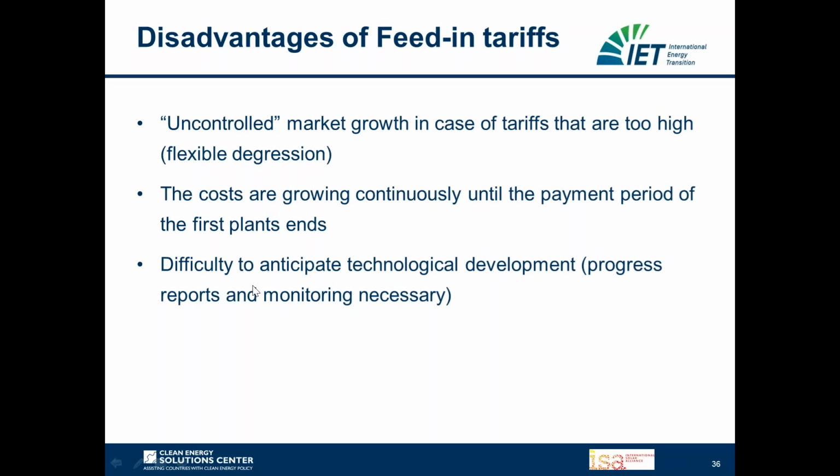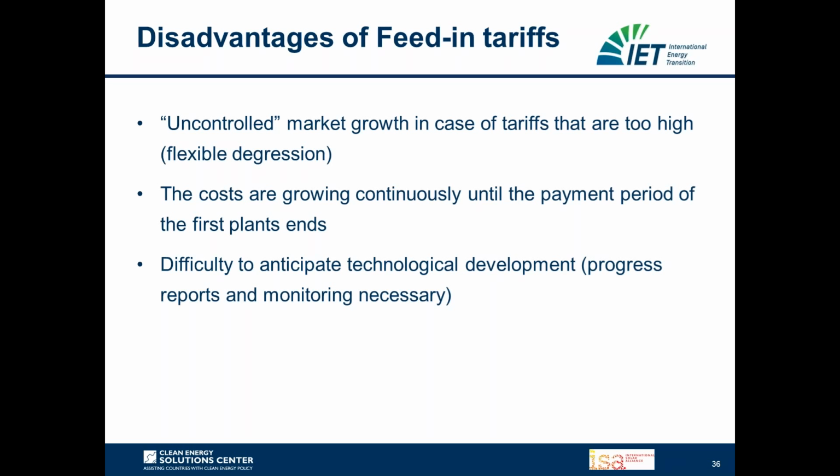And what is also, of course, very difficult for policymakers is to anticipate the technology learning. I was saying that you can, to a certain extent, already include this by having a digression schedule of your tariffs, an automatic reduction of the prices that you pay from one year to the next. However, the solar PV market has been so dynamic in the last couple of years that setting prices administratively has become really challenging.